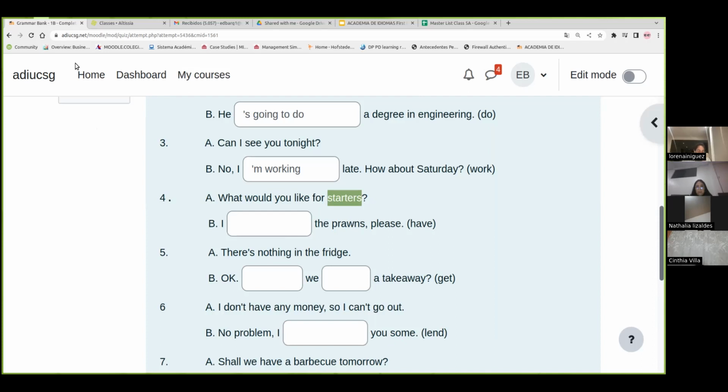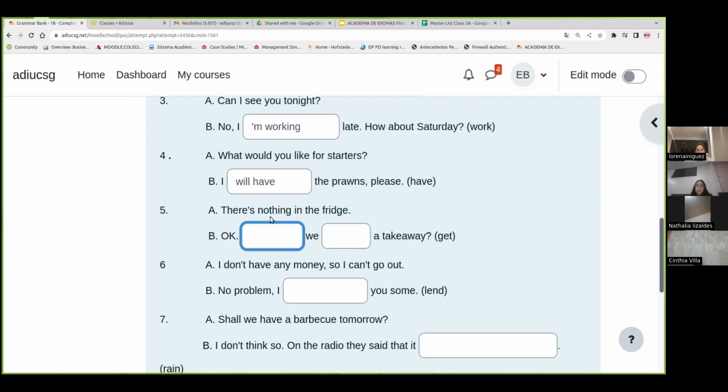And usually it's something like chips or maybe a little soup or something that you can start with. All right, that's why it's called starter. All right. So I will have the prawns, please.